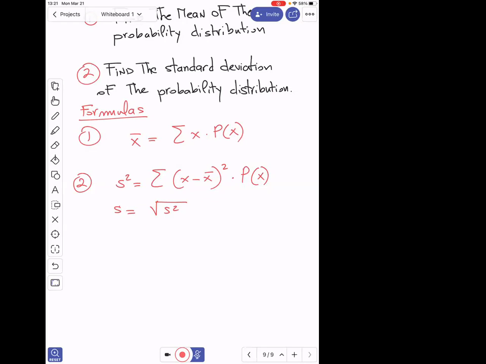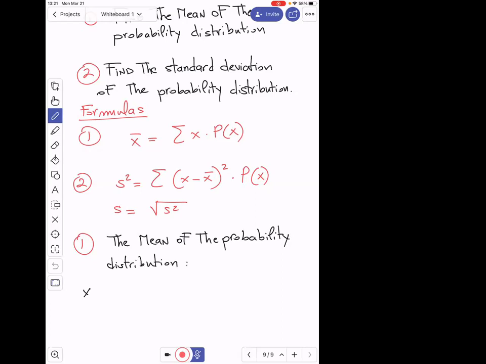So for number one, you want to find the mean of the probability distribution, right? So x bar, we said, is just the sum of x times the corresponding probability of x, x times p of x.